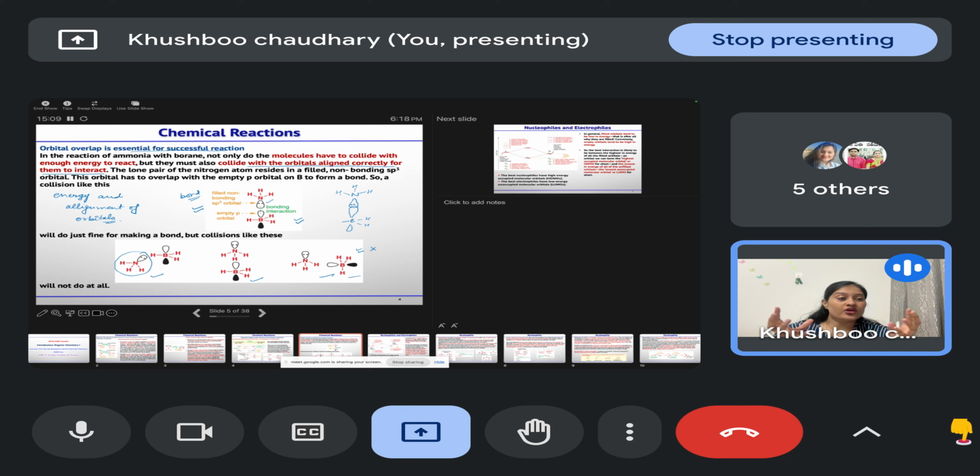Then if orbital overlap is there, then also a chemical reaction is possible. The energy of the collision should be large enough to cross the activation energy barrier, and the collision should be in perfect alignment for a chemical reaction to take place. So how will a chemical reaction take place? What are the factors that govern the chemical reaction? Is this clear? Any doubt in this?